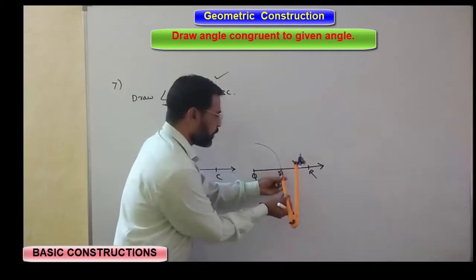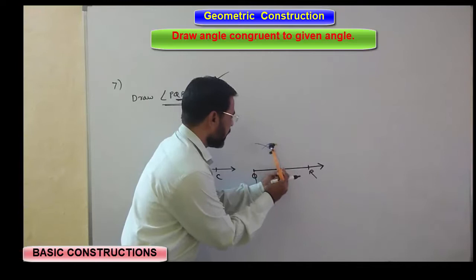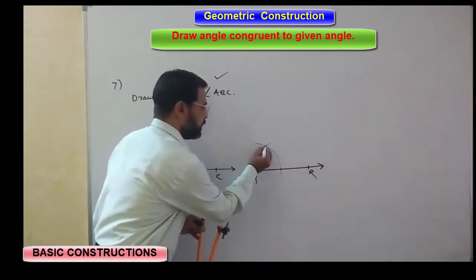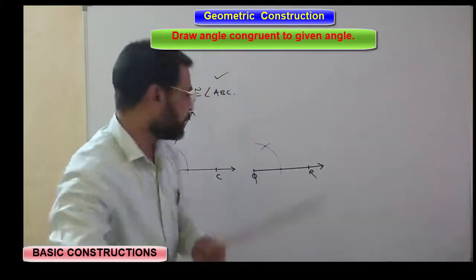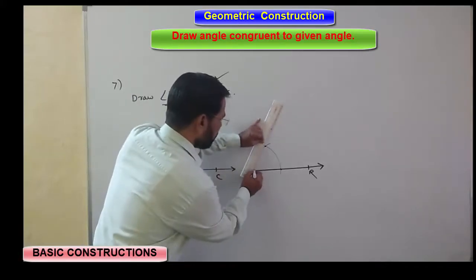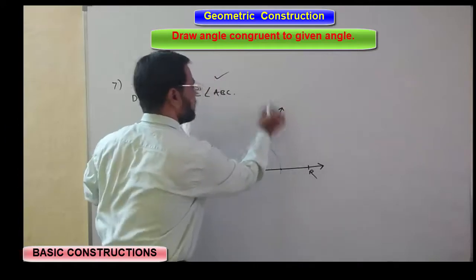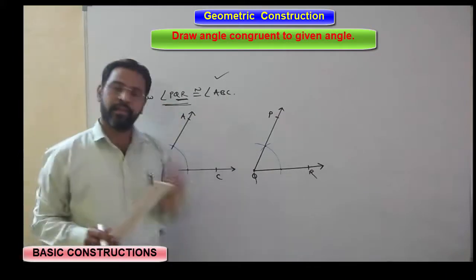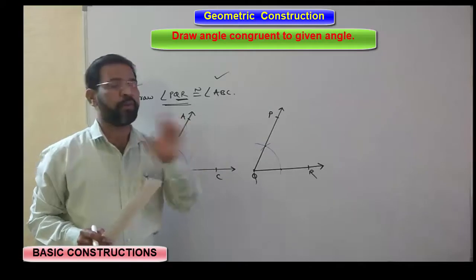From this particular point, by this distance, we have to draw one arc here, like this. Yes, this is the intersecting point, and from this particular point to Q, we have to join. Yes, and write P somewhere on this ray. So these two are congruent angles. Understand? This is the procedure to draw congruent angles.